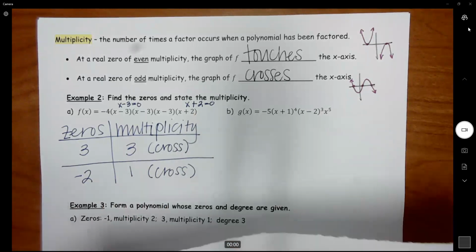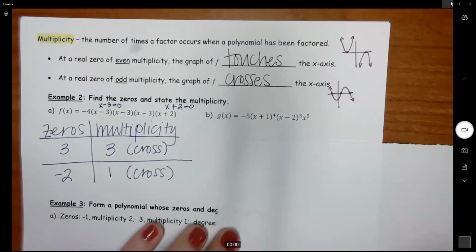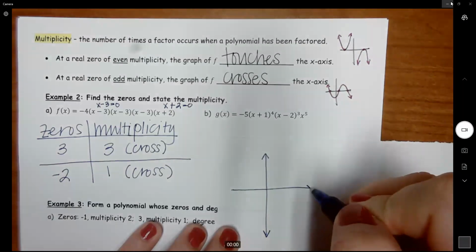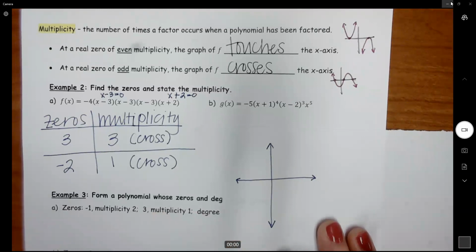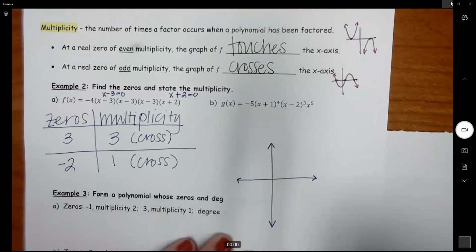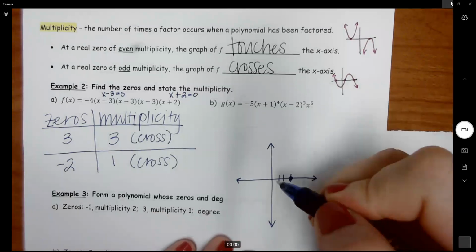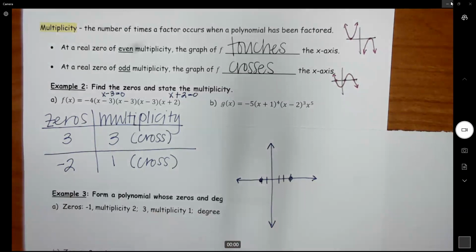Okay, so just to give you a better understanding of what it is that we're finding. We have a 0 at 3. We have a 0 at negative 2. And I don't really know my end behavior yet.